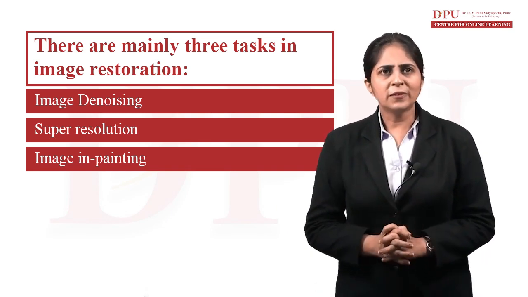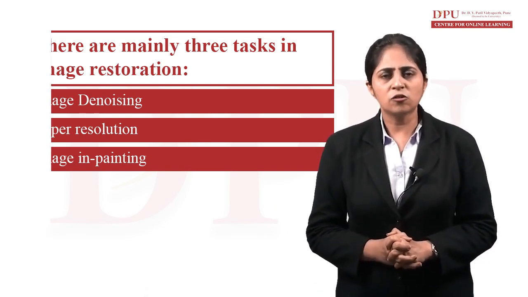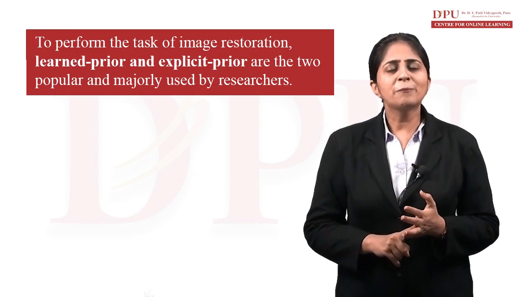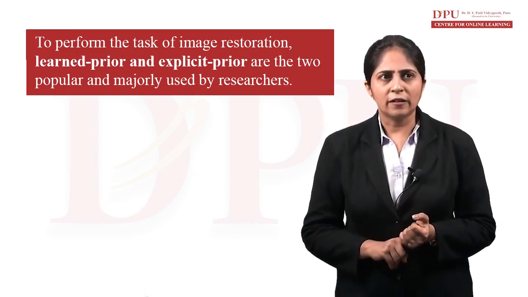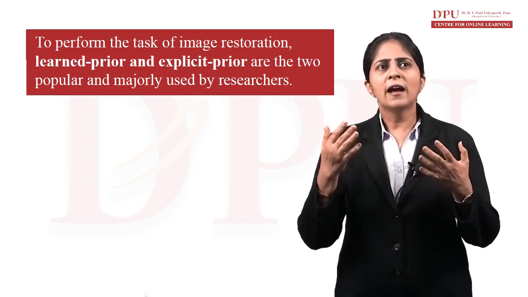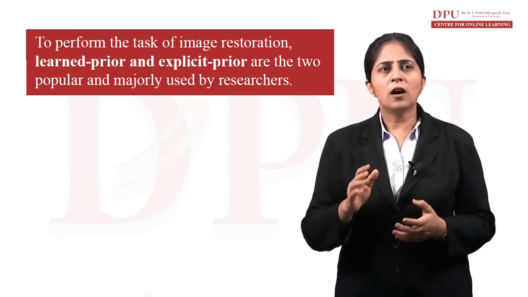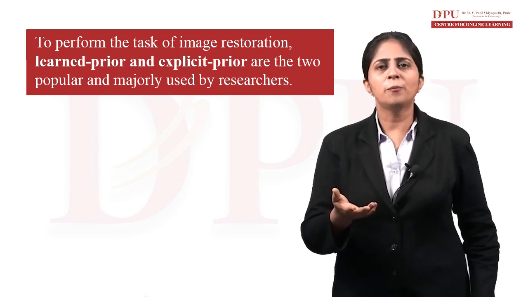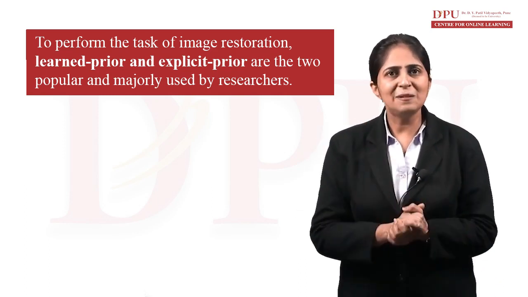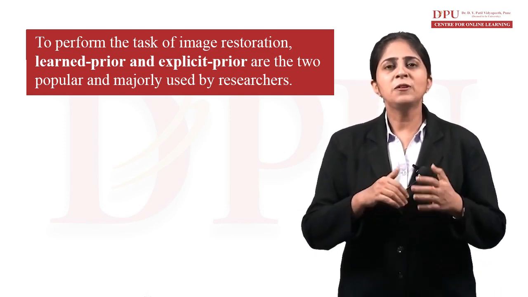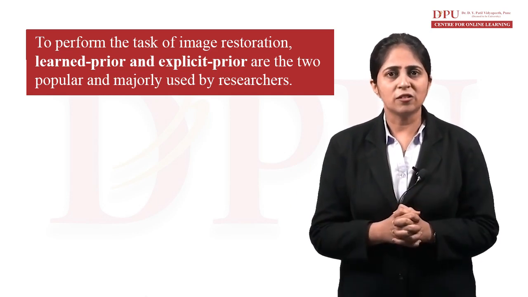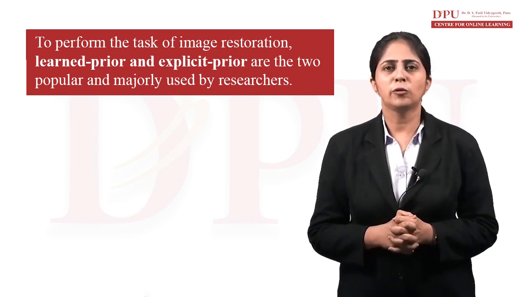To perform the task of image restoration, learned prior and explicit prior are the two popular methods majorly used by researchers. We have understood what deep image prior is. That means we are trying to restore our images using our convolutional neural network.